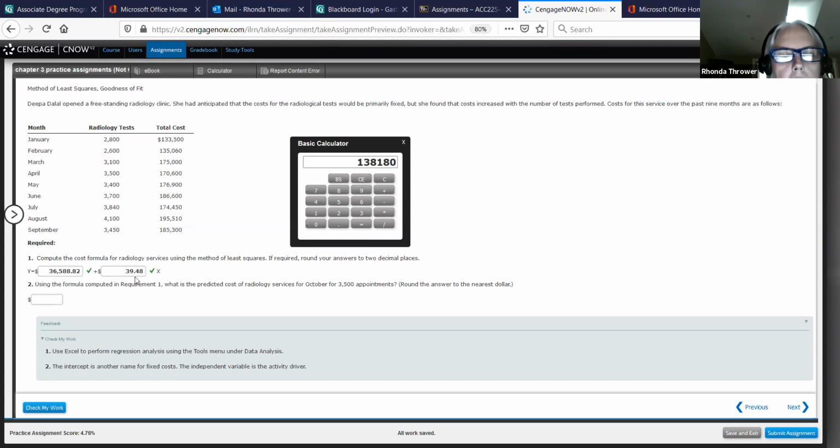So $39.48 times 3,500 gives you your variable cost. We're going to add the variable cost to the fixed cost to get the total cost.